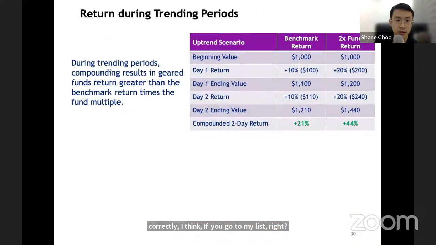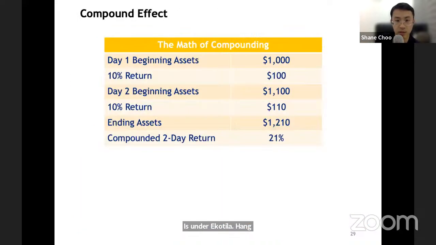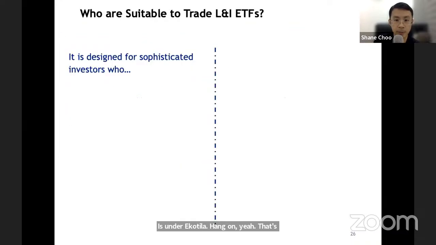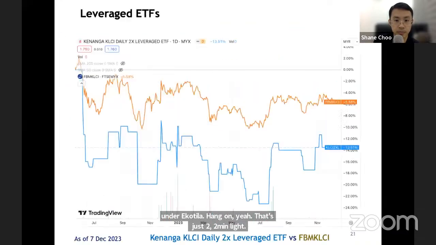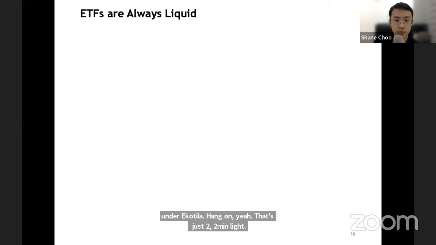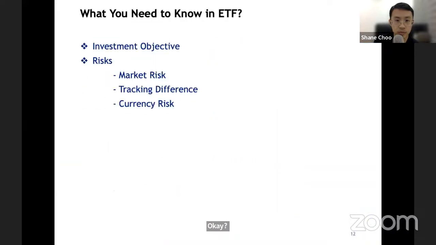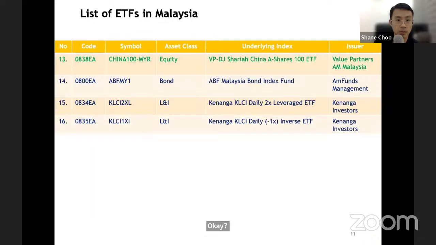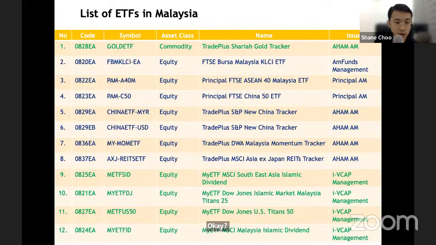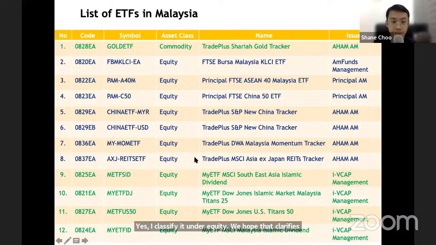Hang on, there are just too many slides. Yes, I classify it under equity. I hope that clarifies the misunderstanding. So it's under equity.